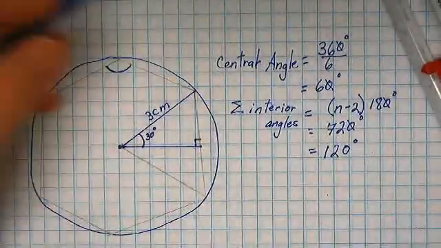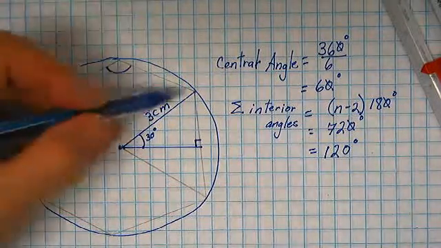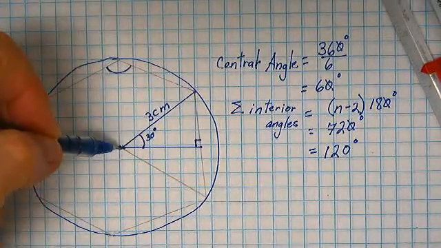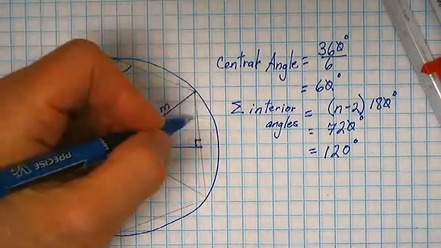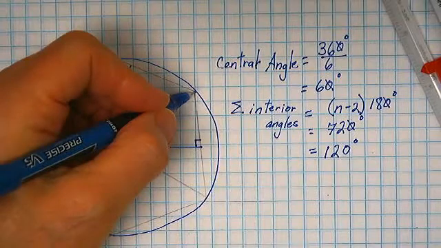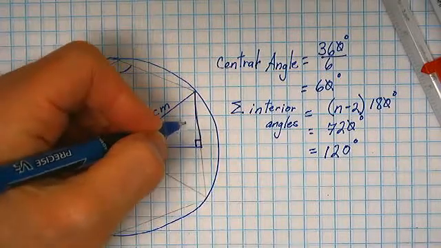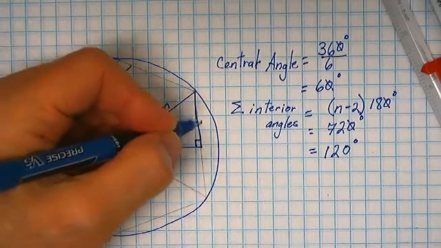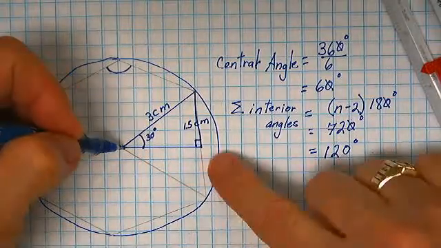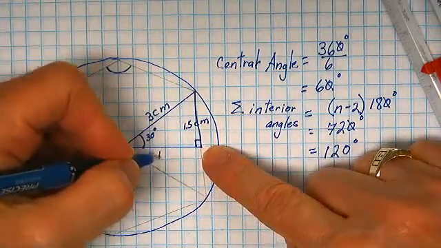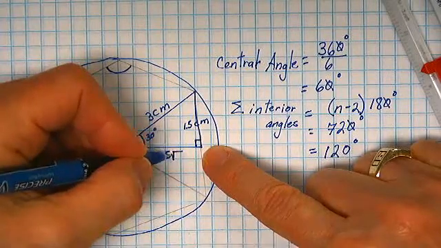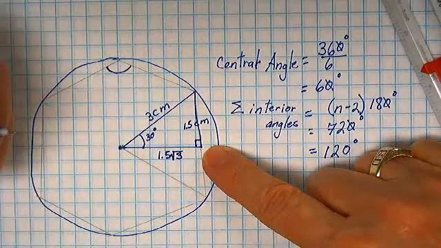What do I know about 30-60 right triangles? If my hypotenuse is 3 centimeters, my short side is 1.5 centimeters, and my apothem is 1.5 times the square root of 3.